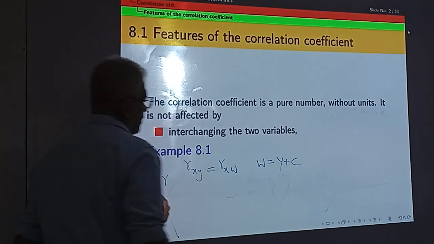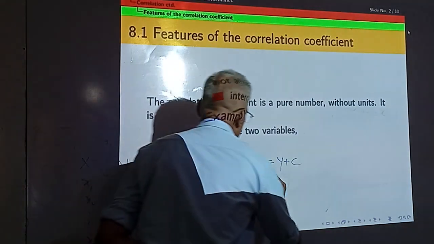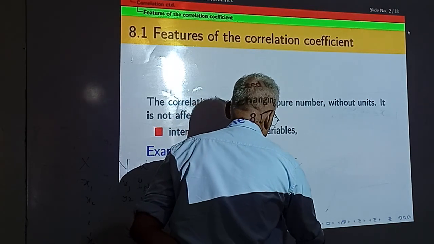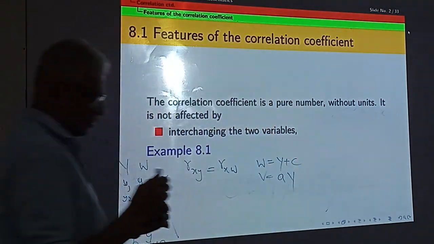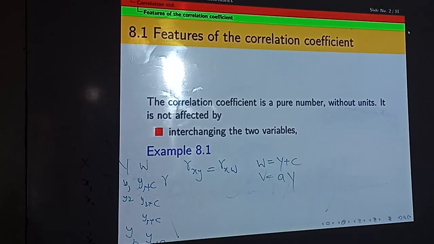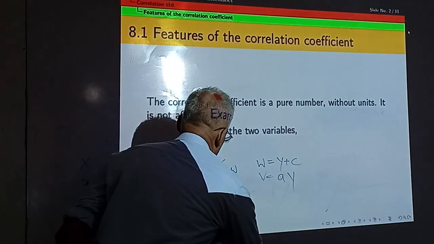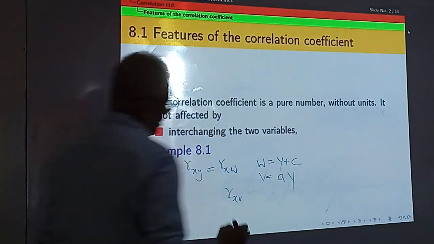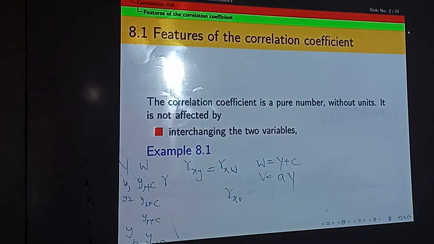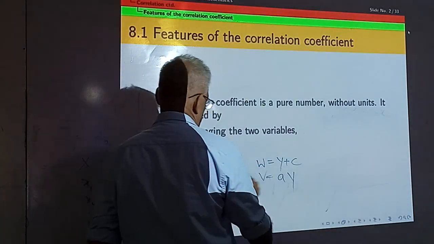Now, if you have another variable v equal to some constant times y, and you calculate r between x and v, it will still be the same as this.